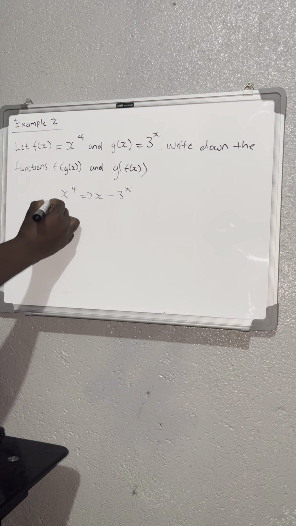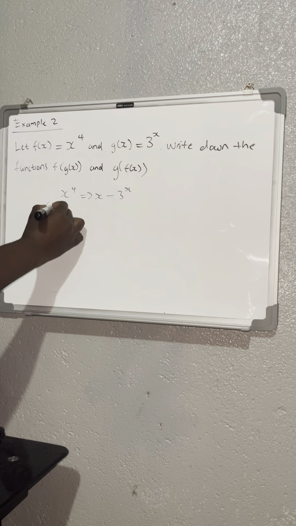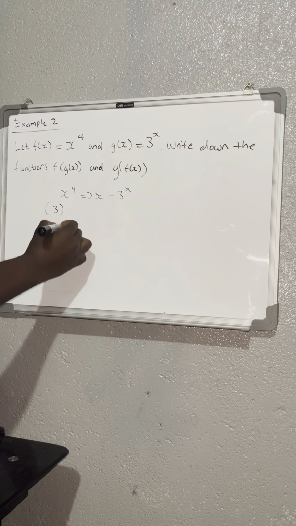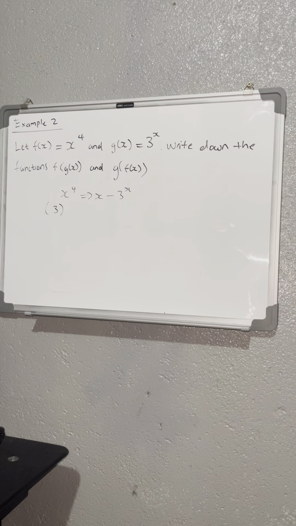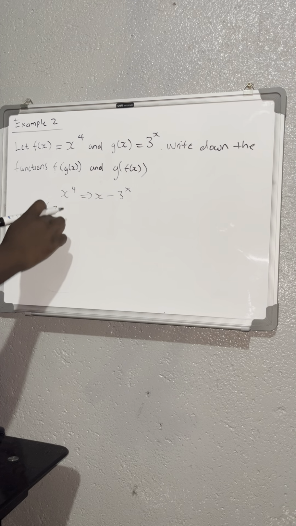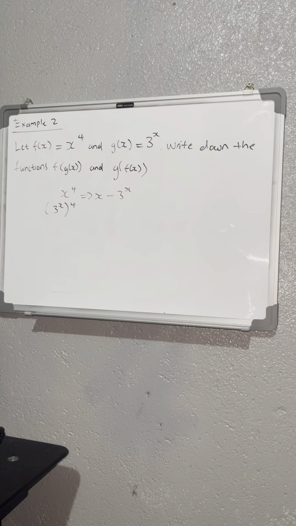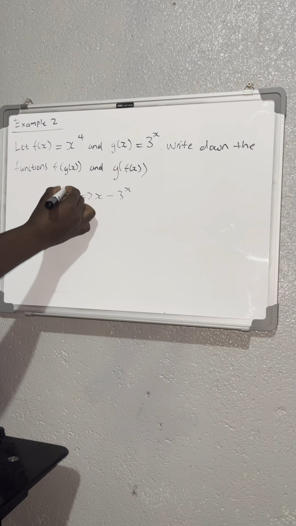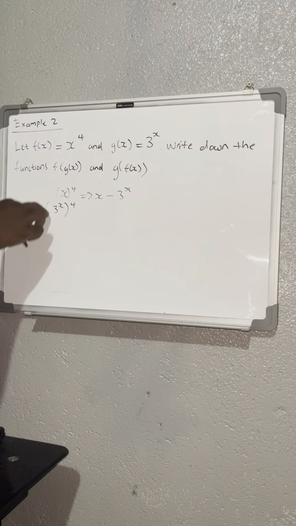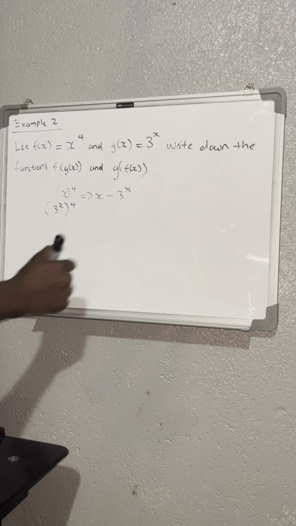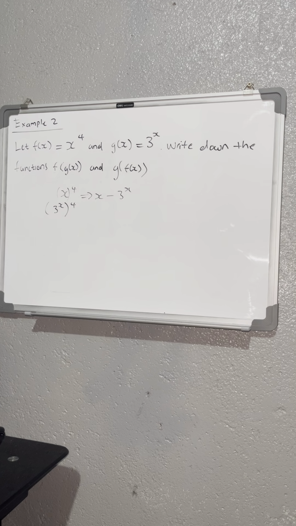So now I'm going to be having 3 to the exponent x all to the exponent 4. Basically what I did was just input this one into the internal side of that one. So this would be your final answer for that one.